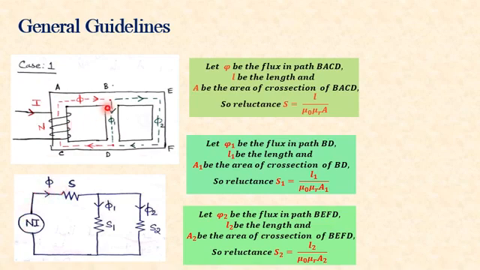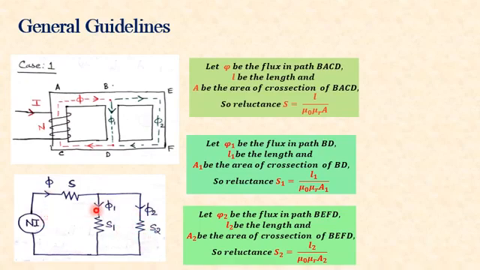This flux phi is traveling in the path BACD, and its reluctance we are denoting as S. So reluctance is similar to resistance. Then this flux phi is splitting into two paths. One is phi 1, which will travel through the path having reluctance S1, and the second is phi 2, which travels through the path having the reluctance S2.